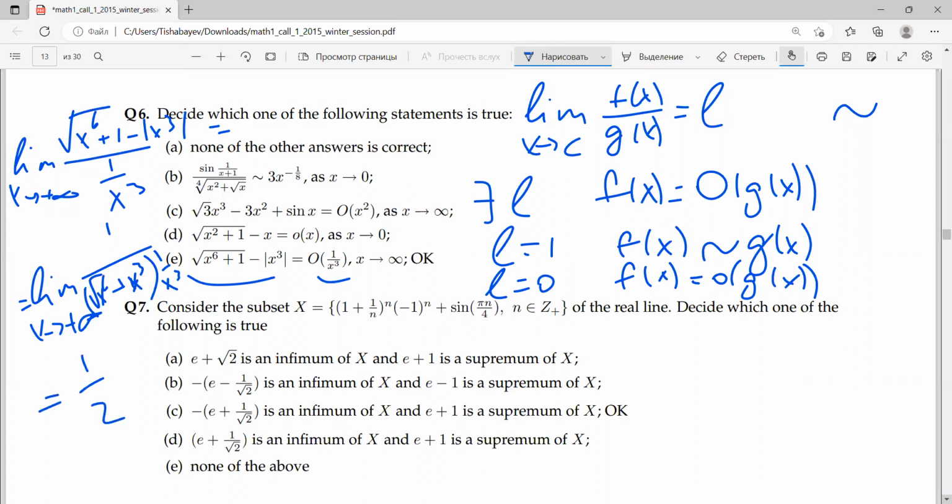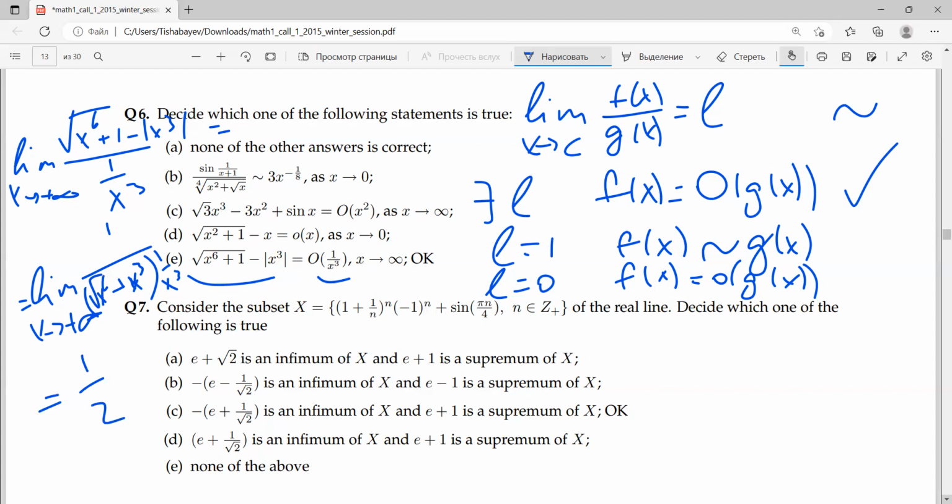That's it. So that's why you can see we have a finite limit. L is 1 over 2. So the correct statement will be E1, so here it will be big O. Is it clear? By the same way, you need to check each of them. Of course, you don't know the correct answer, so you need to check all of them.